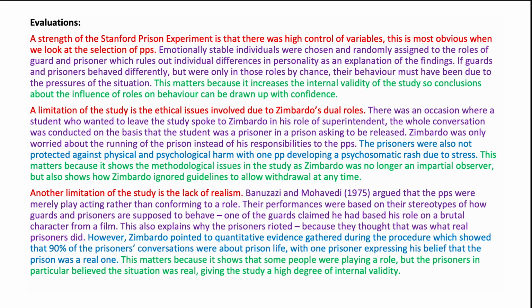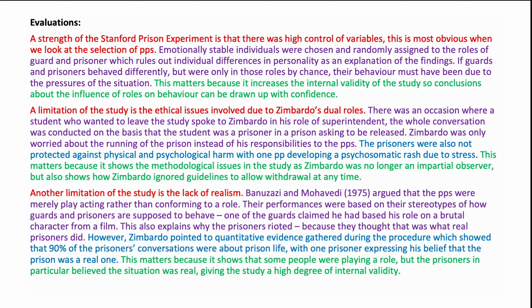The first evaluation is a strength of the Stanford Prison Experiment is that there was high control of variables, and this is most obvious when we look at the selection of participants. Emotionally stable individuals were chosen and randomly assigned to the roles of guard and prisoner, which rules out individual differences in personality as an explanation of the findings.